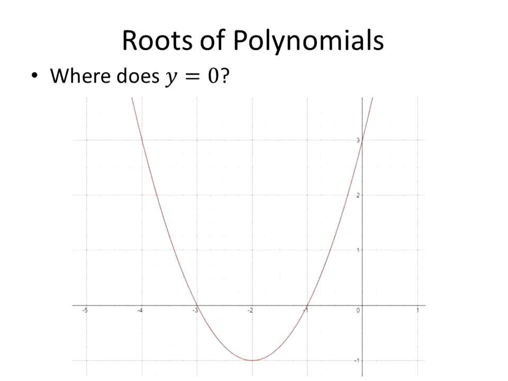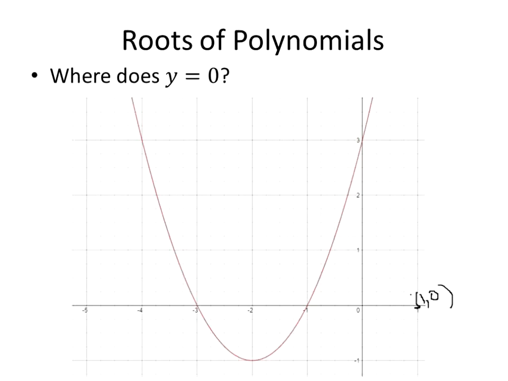But let's go back to our question. Where does y equal 0? Well, let's actually name the points on this graph. This first point right here would be (1, 0), right?